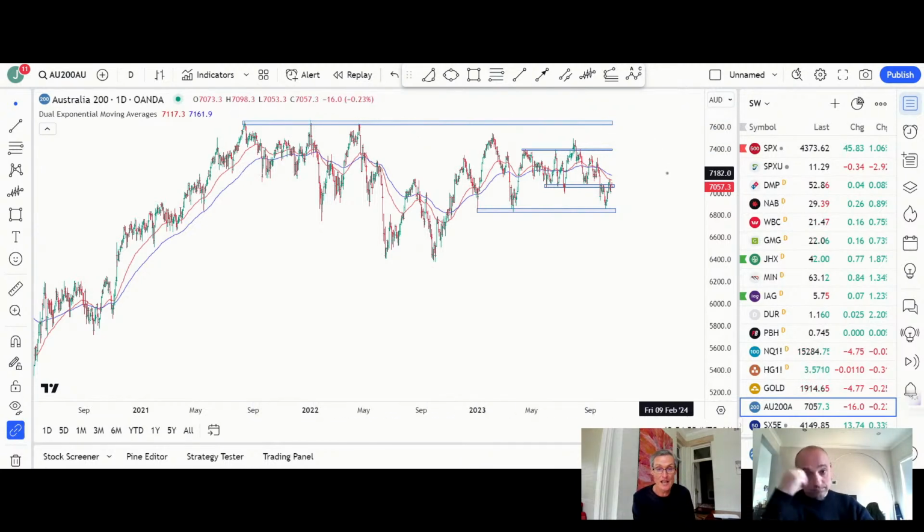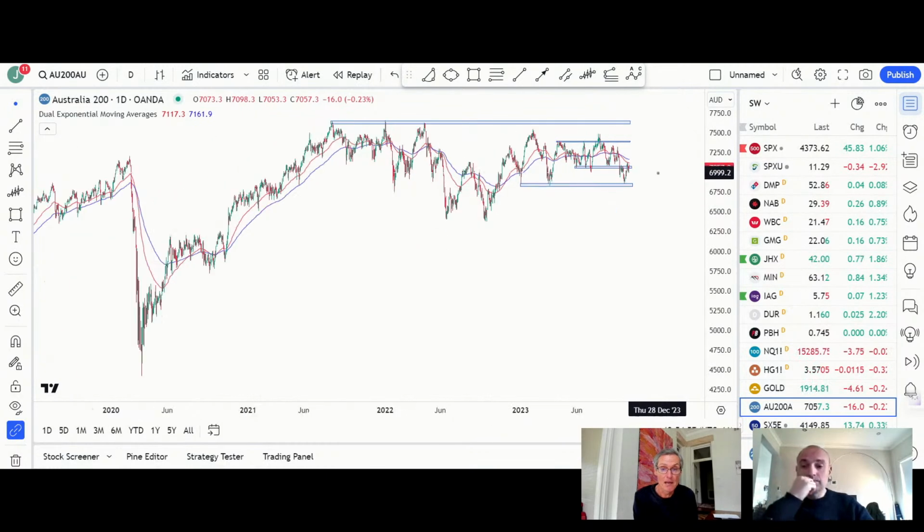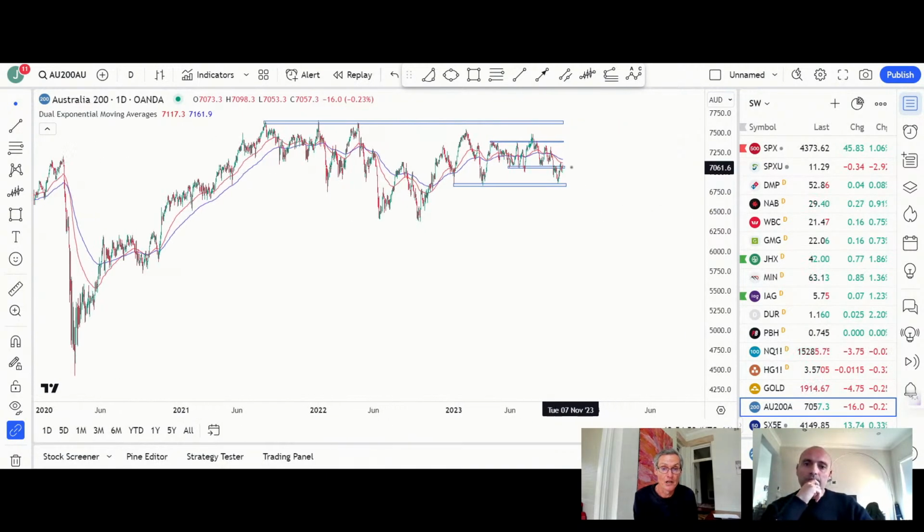So it's going to be interesting to see how the ASX 200 plays out. Will it play out like that earlier gold example, where it's building up the energy to ultimately break to the topside? Or is it going to start to roll over and head back and test these lows? We can't know that, but we know where the levels are. We know where we start getting really positive in the ASX 200.